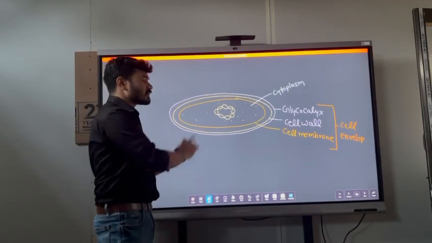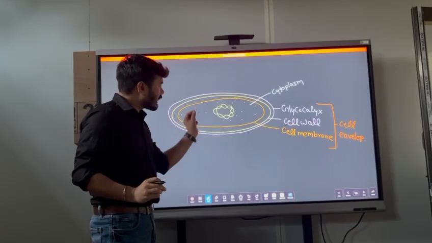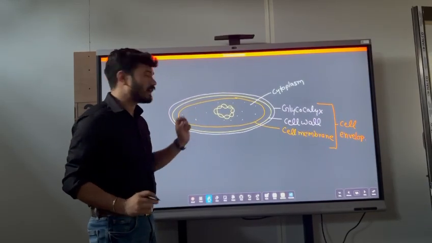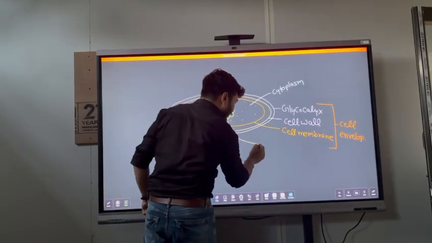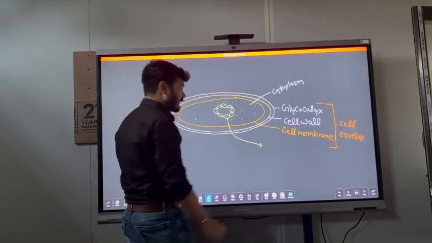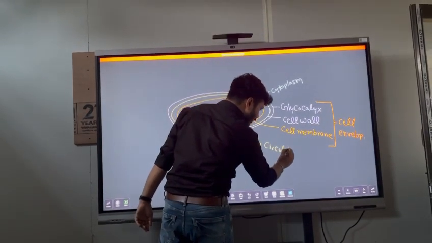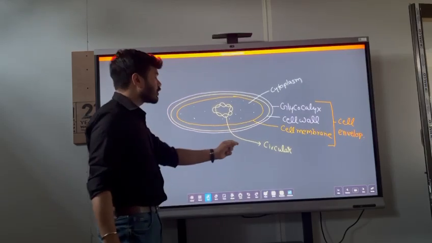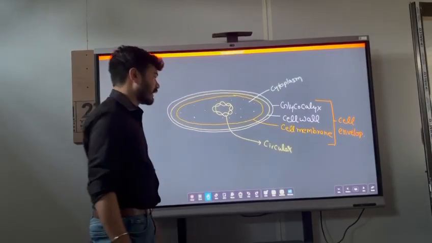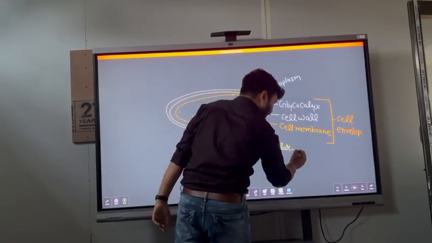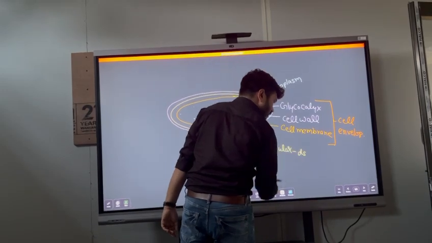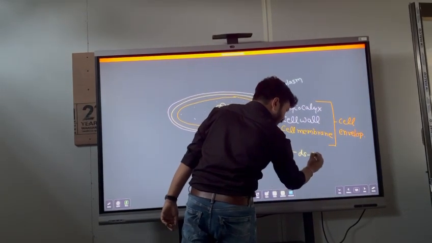As you know, it is circular DNA and double stranded DNA. I am marking here DS, that means double stranded DNA.